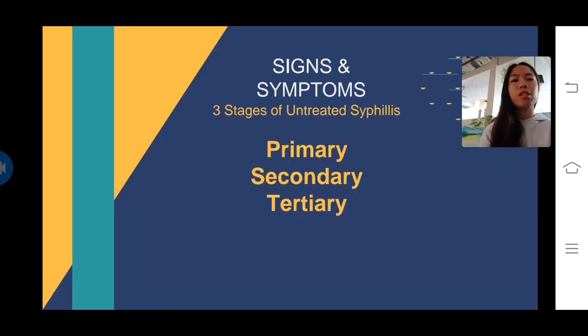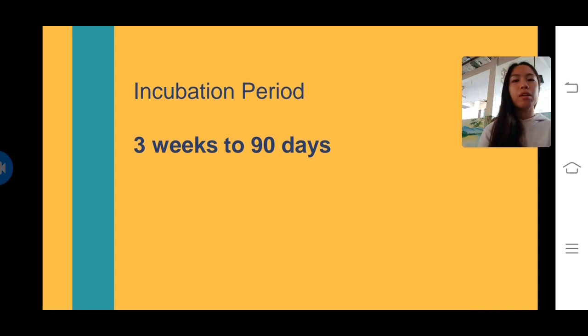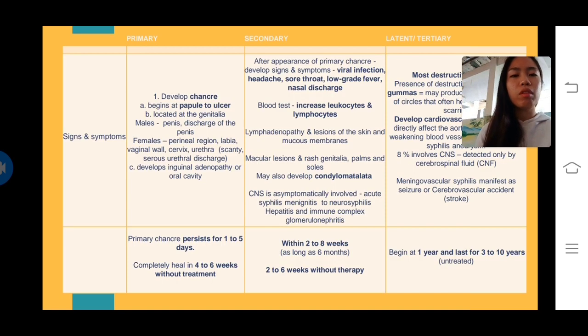Signs and symptoms. Syphilis has three stages of untreated syphilis. It is called the primary, secondary, and tertiary or latent. Syphilis has an incubation period from 3 weeks to 90 days. As you can see here on the screen, in the primary stage, the person will develop a chancre. At first, it will begin as a papule, then it will evolve to an ulcer.